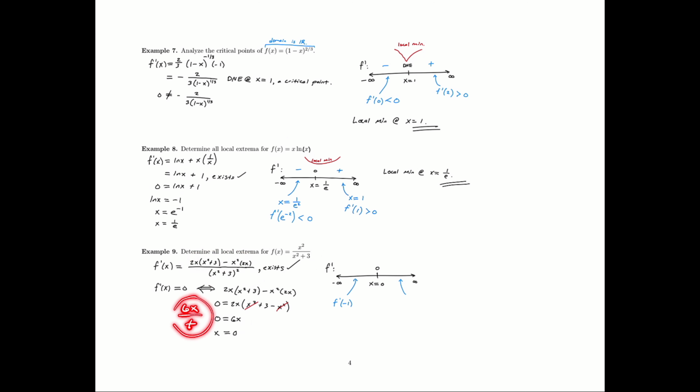So the only way this entire expression is negative is if x is negative. So because of that, this is negative, and f prime of positive 1 must be positive. So we have negative, positive, which means we have a local min. So we'll conclude by saying a local minimum at x equals 0.